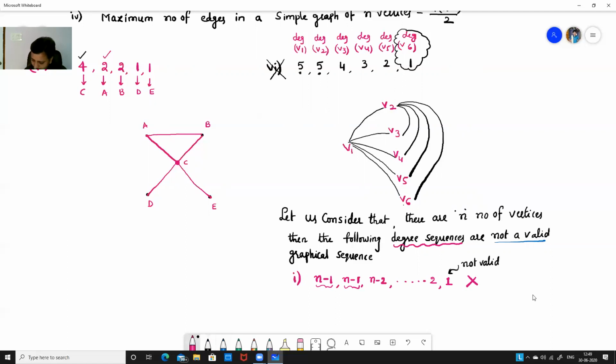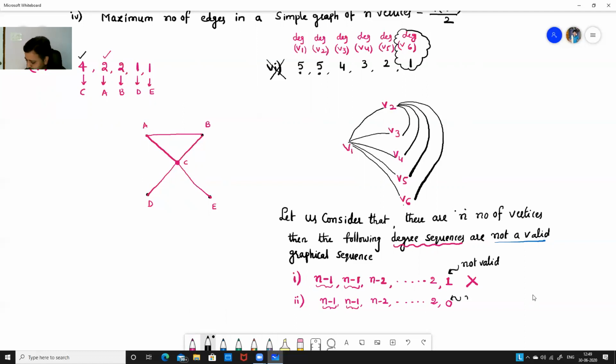Okay. Next, second invalid sequence. Suppose it is n minus 1, n minus 1, n minus 2, and so on. Suppose there is a vertex whose degree is 0. Is it possible? No. Because you already mentioned that V1 is adjacent to n minus 1 vertices, and V2 is also adjacent to n minus 1 vertices. Then how is it possible to get a vertex of degree 0?